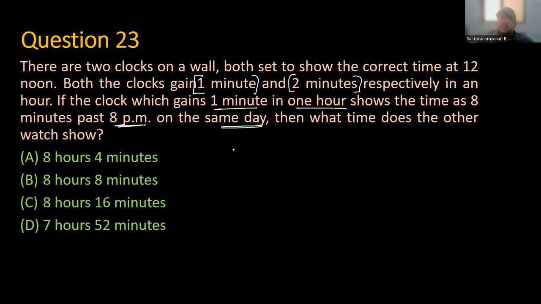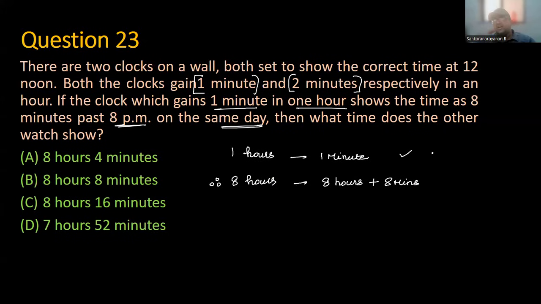So you can see that in 1 hour, one watch is gaining 1 minute, right? It's gaining, which means it's going ahead of schedule by 1 minute. Therefore, I can see that 8 hours over means in reality, this clock will be showing 8 hours and 8 minutes. Got the point?